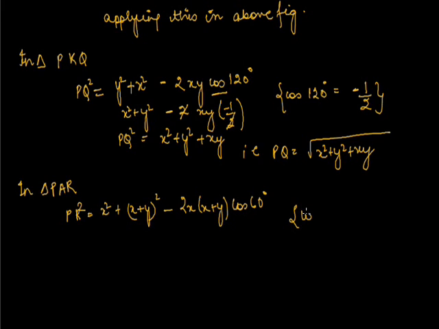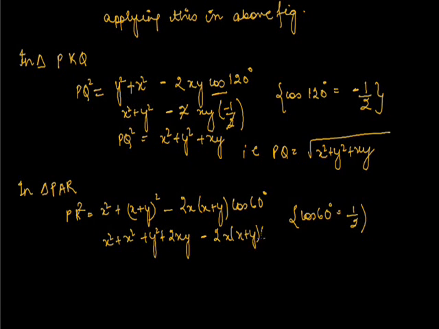Now cos 60 degrees is equal to half. So x square plus y square, opening this bracket, twice of xy by the identity, it will become okay. Now this is 2x times x plus y, and as cos 60 is equal to half, this 2 will get cut by this 2, and this will become x square minus xy.